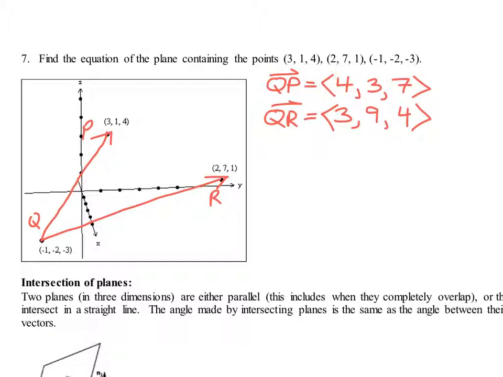All right. Now the technique that allows us to come up with a perpendicular vector to two given vectors would be the cross product. So I want the cross product of QP and QR.